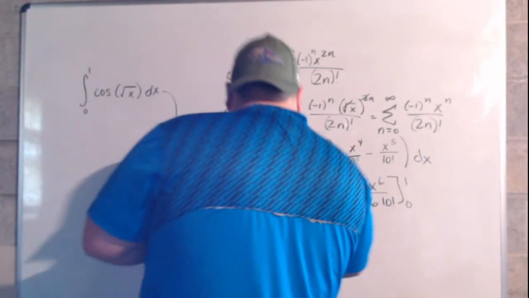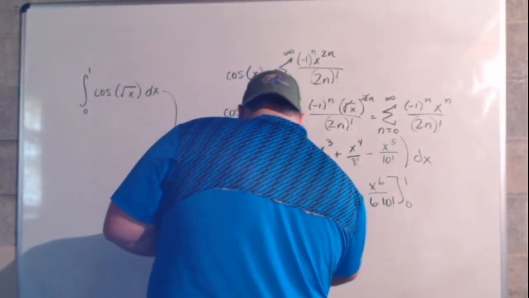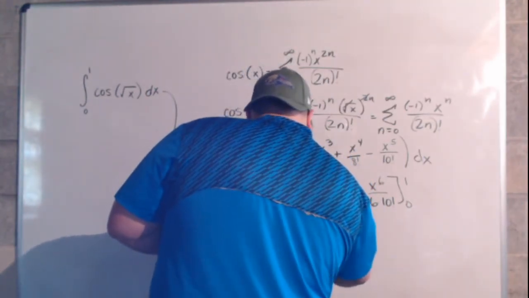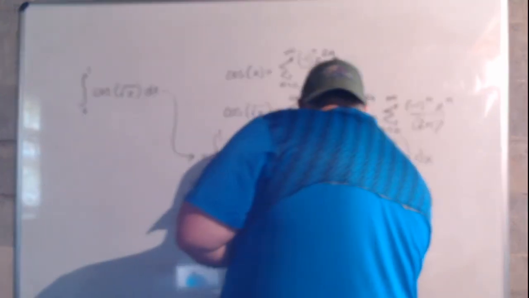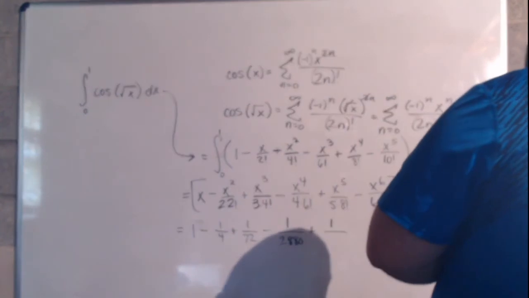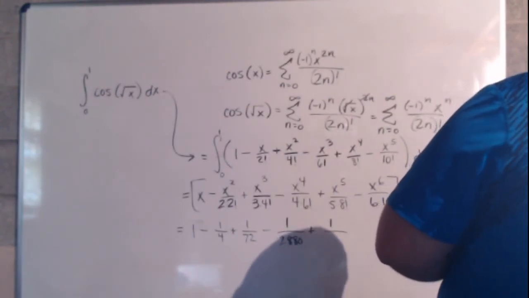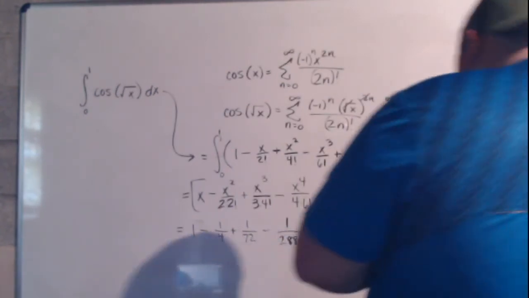That is 1 over 2,880. Next one's going to be 1 over 5 times 8 factorial.